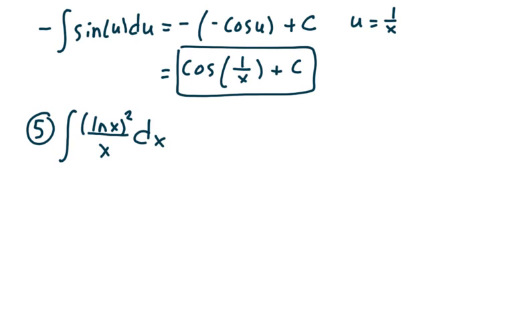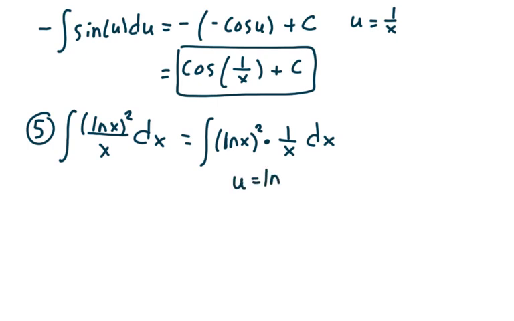Now, just like in number 4, if it's too confusing, we can write it this way: natural log of x raised to the second times 1 over x dx. Because I know that the derivative of natural log of x is 1 over x, and it can help me in identifying my u.